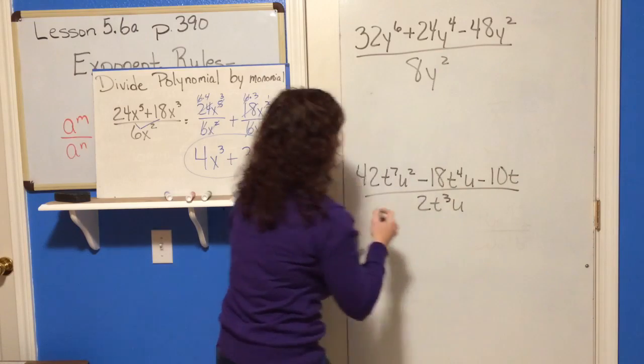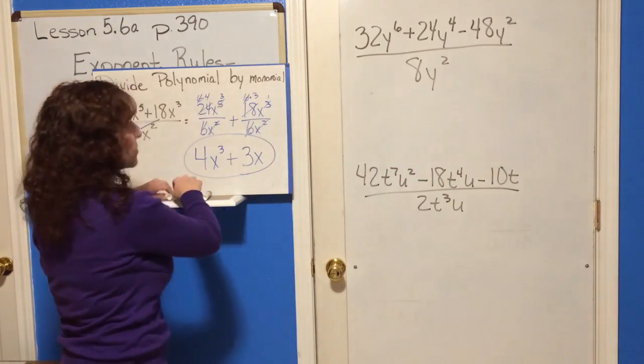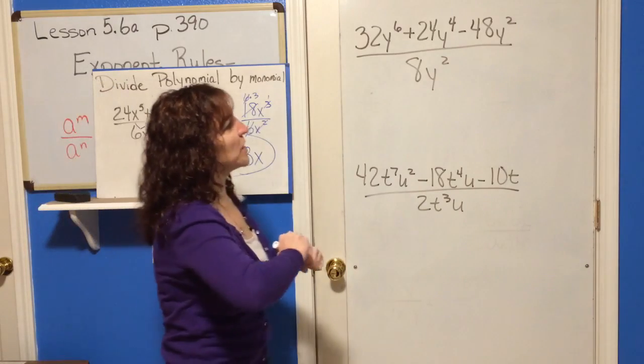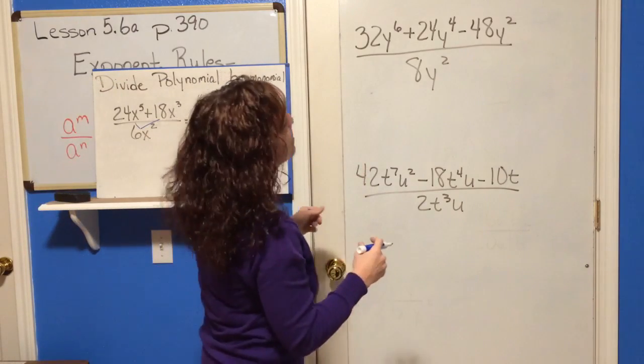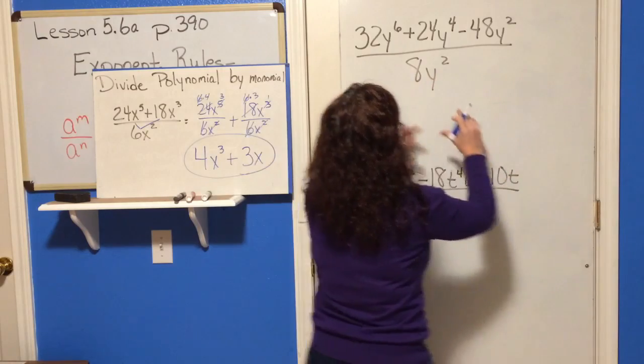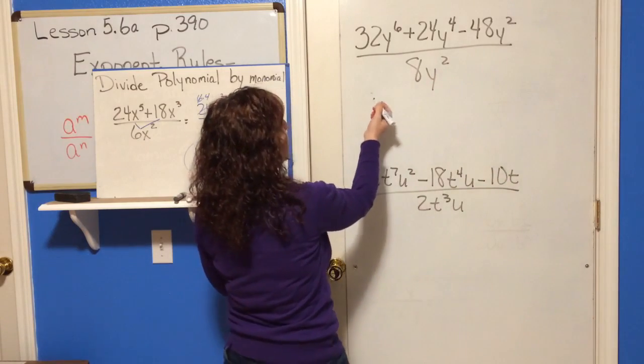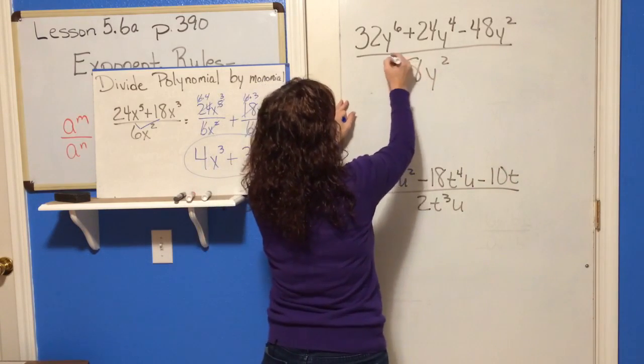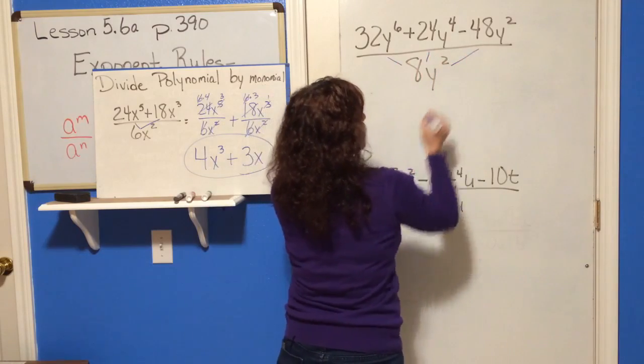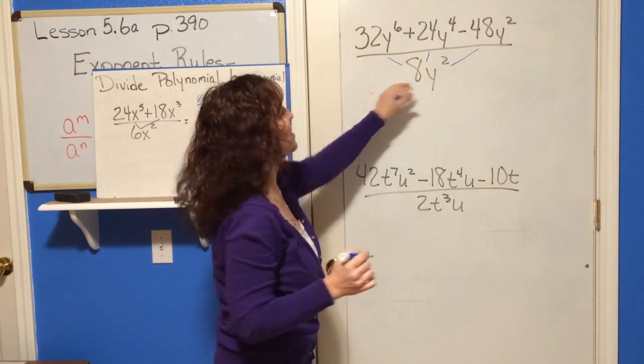All right. So how far did you get? Did you split them up? Remember, you've got to split it up first. And I don't have room to go that way, so I'm going to have to work downward here. So split up, and each one of these parts of your trinomial is going to get the denominator.